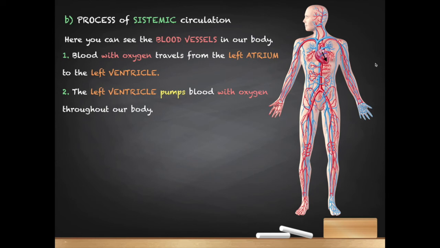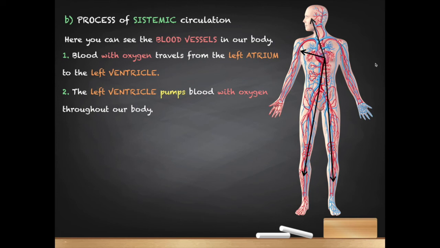Okay, again, remember this important verb. The left ventricle pumps blood with oxygen throughout our body. You can see it sends blood to every single part in our body. You see, the left ventricle pumps blood throughout our body.